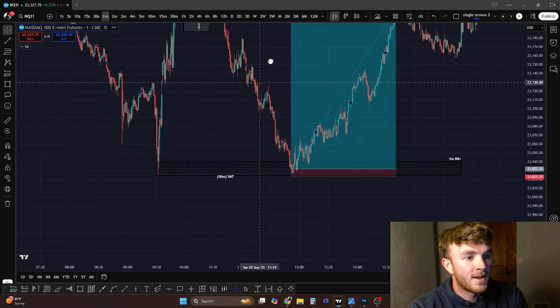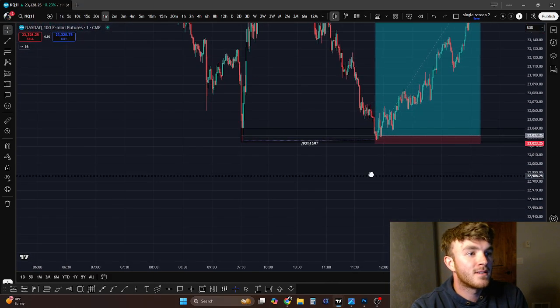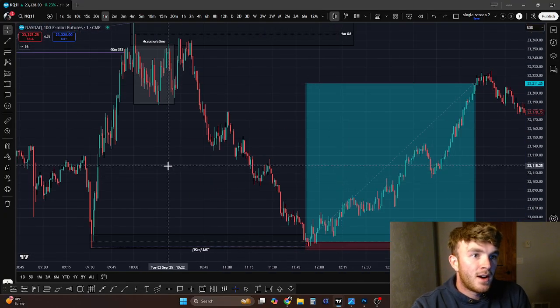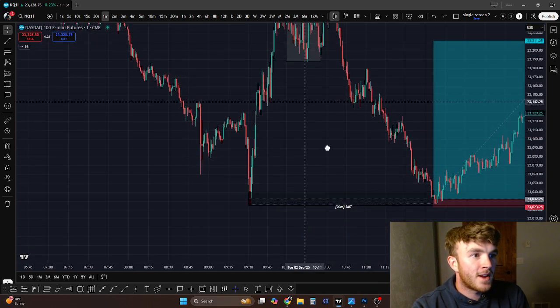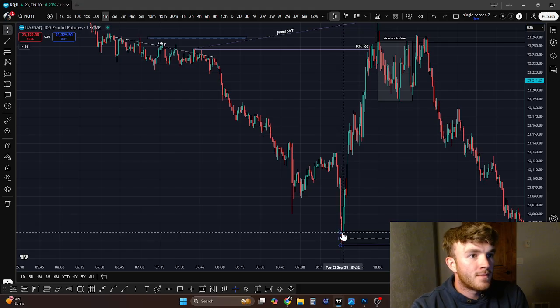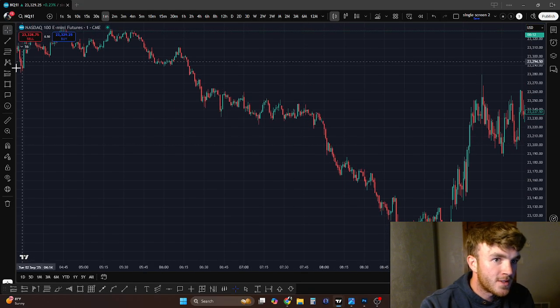But yeah, look for these 90-minute SMTs, and look for these rejection blocks. And then past that, essentially, market open delivers up towards the most obvious draw on liquidity in the world, which was these low resistance highs.